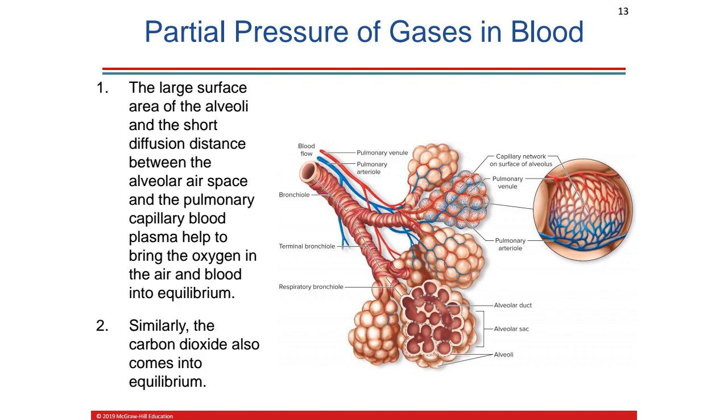pressure of oxygen. And the reason for this is, first of all, there's a very large surface area for the alveoli. So it's a lot of respiratory surface that's helpful for getting oxygen to diffuse into the body. And also the diffusion distance is extremely short. Remember, the epithelial cells of each individual alveolus are squamous epithelial cells.